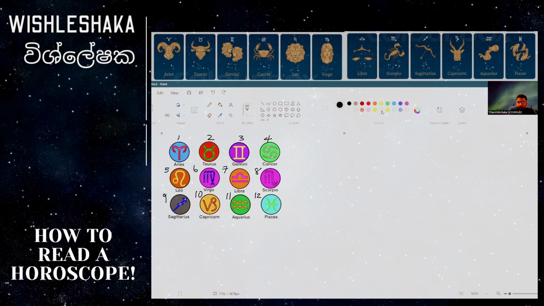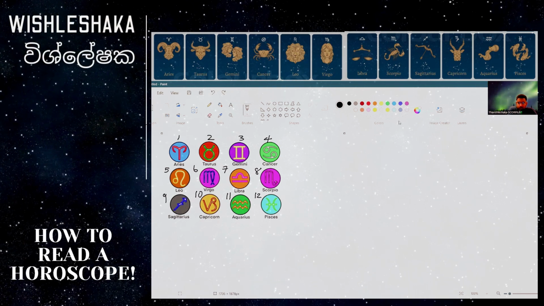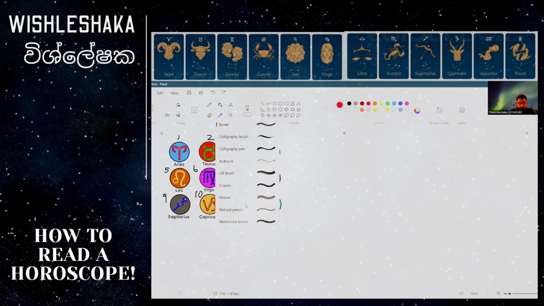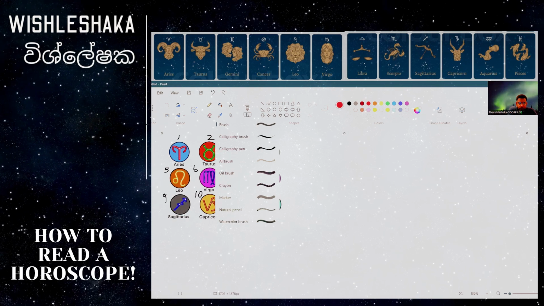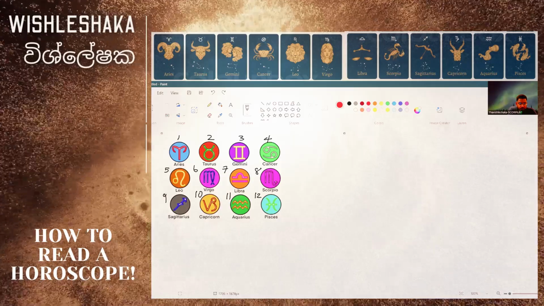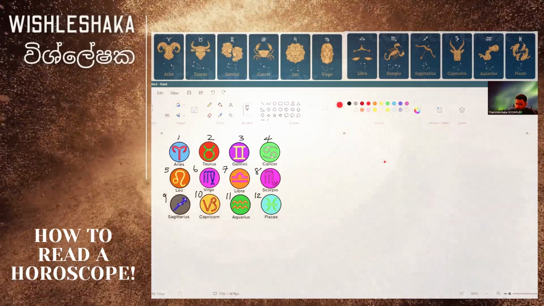So for example, let me draw this thing here to make this more understandable. Can I change the size here? Yeah. So let's draw some chart.